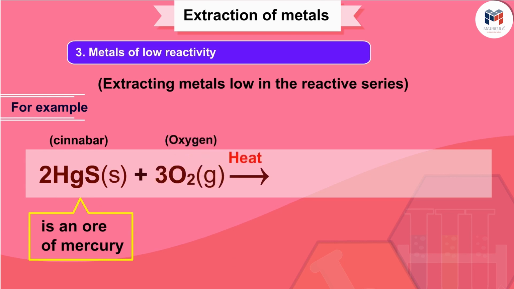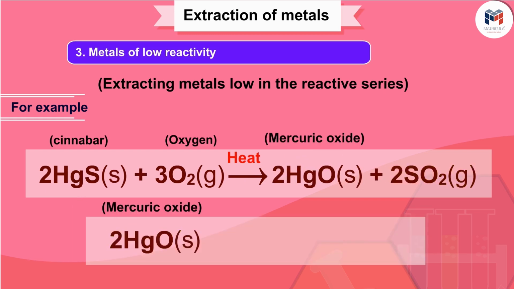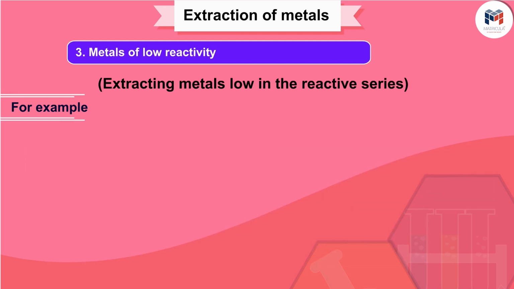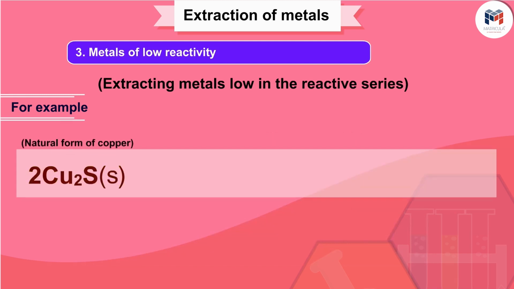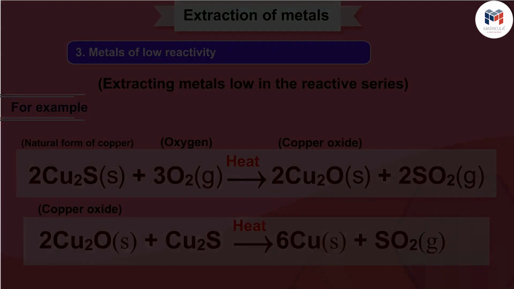When it is heated in air, it is first converted into mercuric oxide, HgO. Mercuric oxide is then reduced to mercury on further heating. Similarly, copper, which is found as Cu2S in nature, can be obtained from its ore by just heating in air.